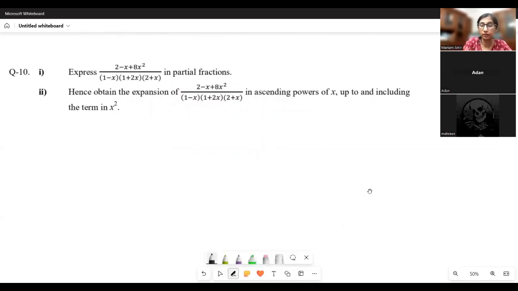We did that already in the last chapter. I gave you this question as homework. So now what we're doing is we're simply using the answer. We're not doing partial fractions right now.